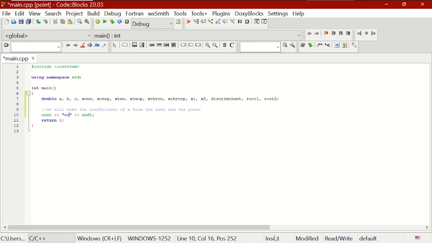We say, enter the coefficient of x. Let me use x1.